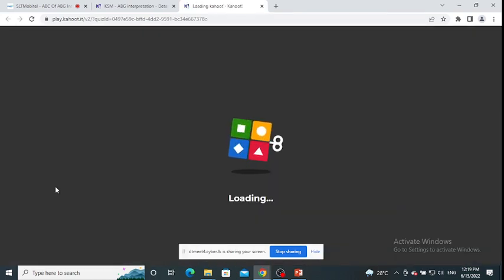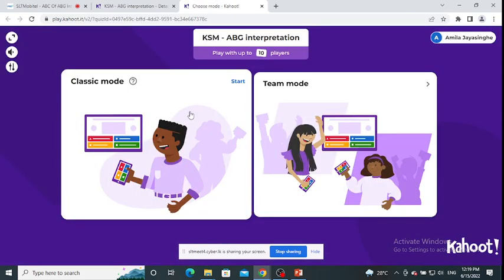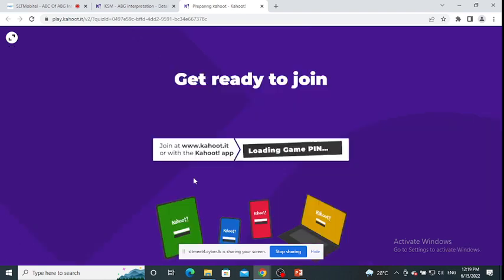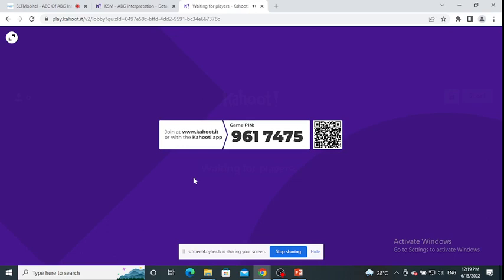So have you all gone to Kahoot.it? It's not Kahoot.com, it's Kahoot.it. Right, so it will ask you to enter a game pin when this loads. Now this is the game pin that you have to enter.